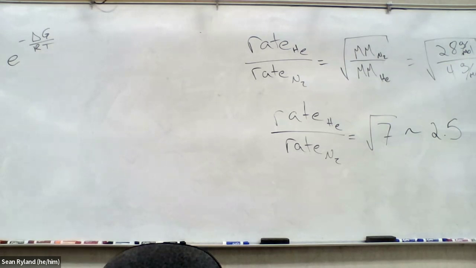That process is called diffusion, not effusion, but it's the same math. Helium will move through the whole room about 2.5 times faster than nitrogen would. And the larger your molecule is, the slower it diffuses, just because it's straight up moving slower. It's got a smaller velocity, so it takes longer to get from point A to point B.